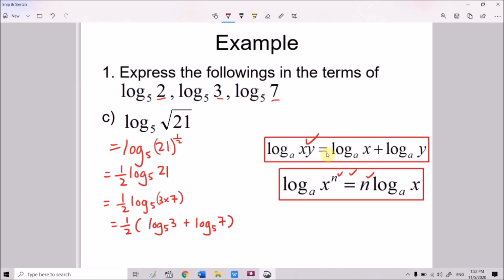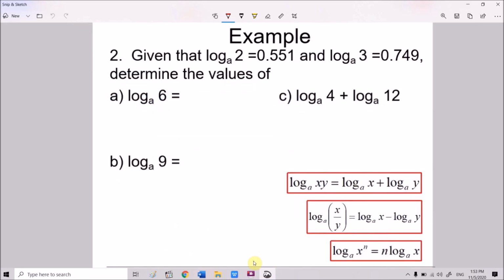Because the 1 over 2 here multiplies the whole log thing, we have to put a bracket to show that the 1 over 2 actually multiplies log base 5 of 3 plus, and the 1 over 2 log base 5 of 7.